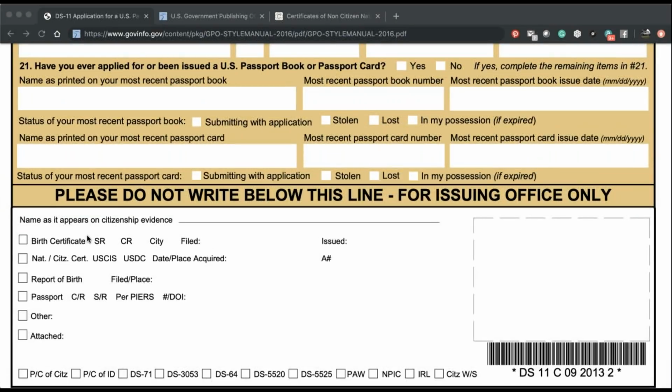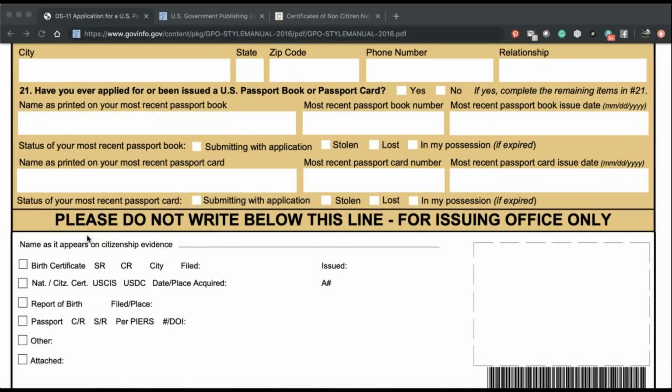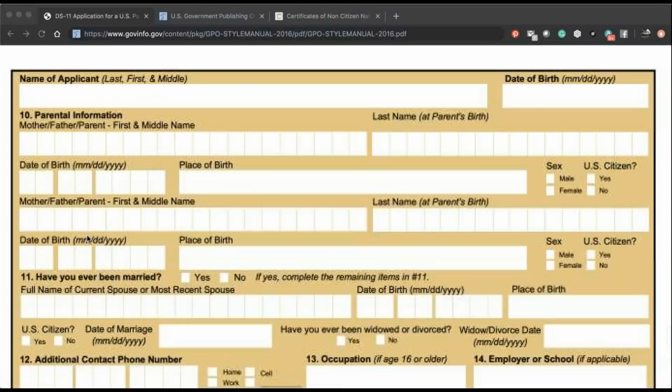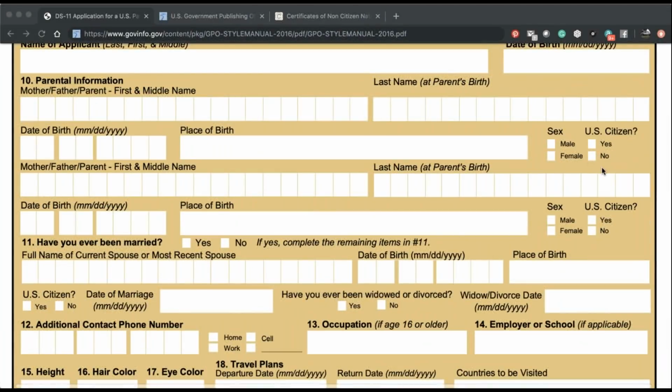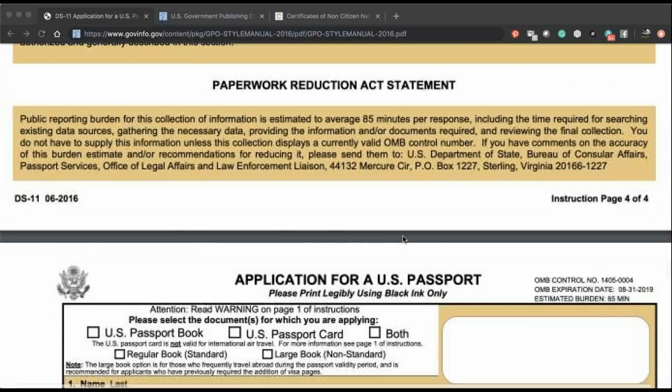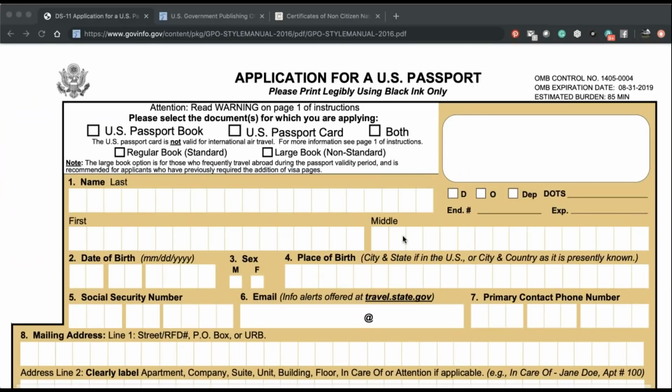So they know, when I got my certified copy, they make little notations on it. They know to deal with this. And of course, for your parents, you're going to put down no. They don't ask you, are you a U.S. citizen? You're going to have to say no for your parents. But there are very specific ways you need to fill out the application as well, which I do only in private.